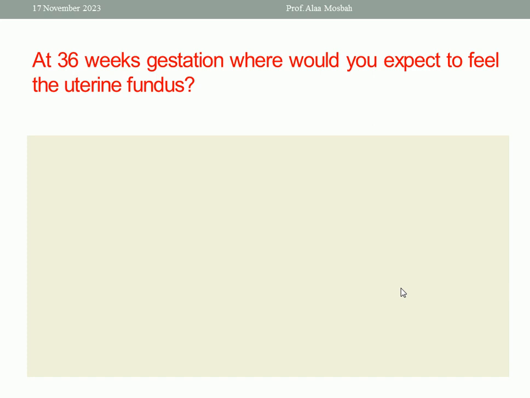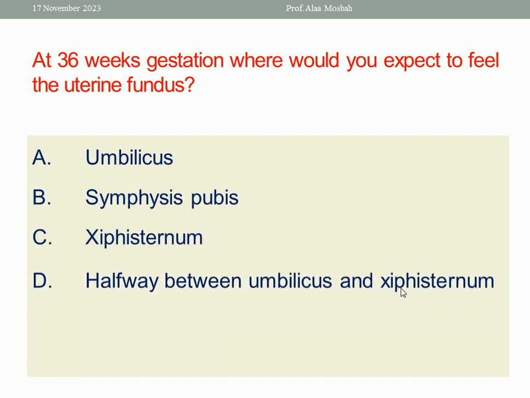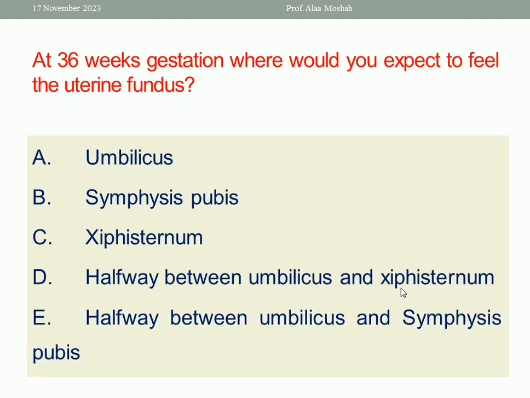Next question, please. A 36-week gestation, where would you expect to feel the uterine fundus? Easy question. A. At the umbilicus. B. At symphysis pubis. C. Xiphisternal. D. Halfway between umbilicus and xiphisternal. E. Halfway between umbilicus and symphysis pubis.